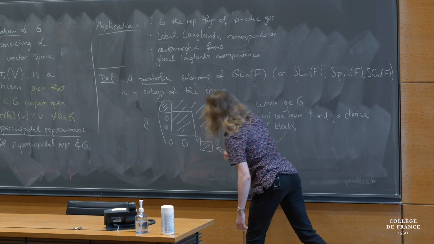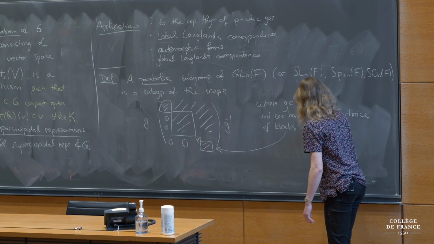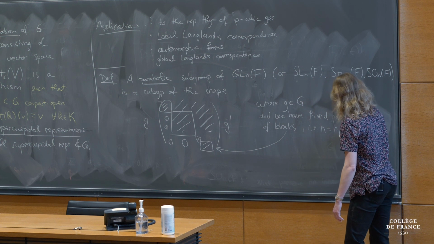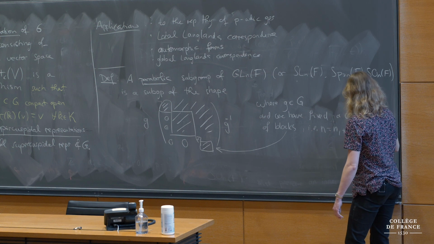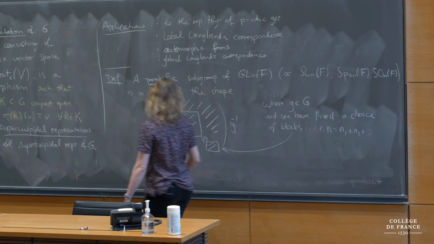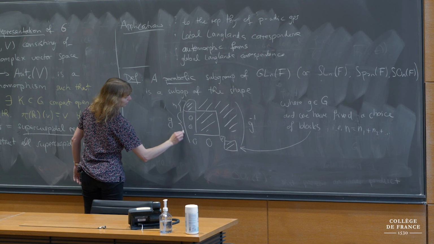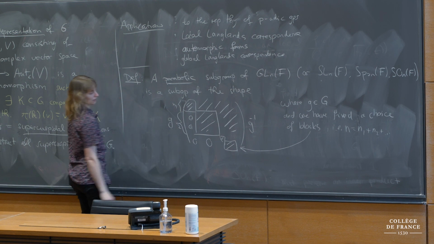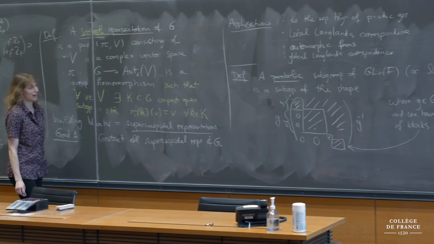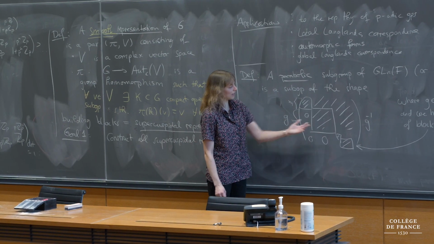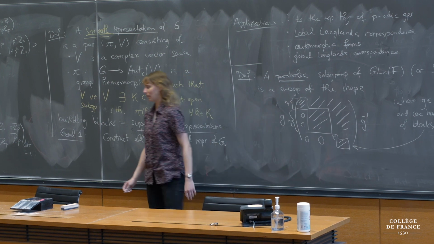In other words, we have fixed the decomposition of n into summands n_1 plus n_2 plus and so on, where the first block has size n_1, the second block has size n_2, and so on. You fix some block sizes, and then you take all the matrices of this shape.